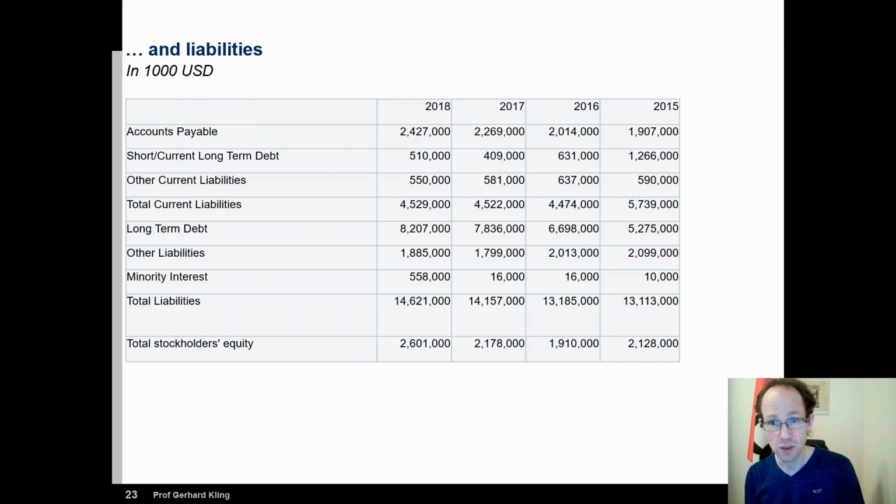You see also, which would concern me a bit, quite a significant change in terms of the debt structure. Now this is interesting, because again we know in terms of operations we haven't done that much. We did not expand our business that much, but debt actually went up quite a bit. So that is something we would like to investigate a bit further.